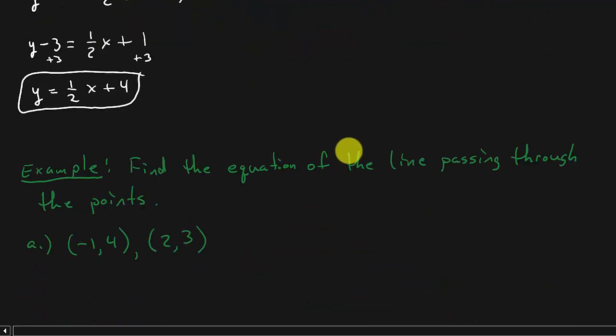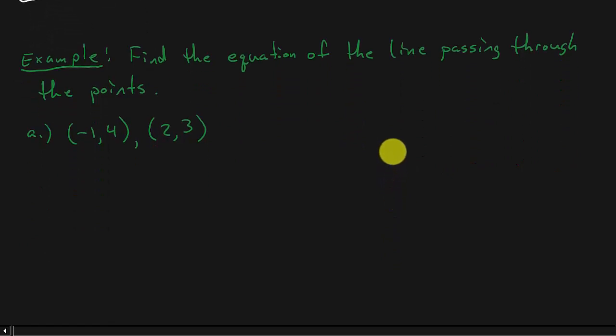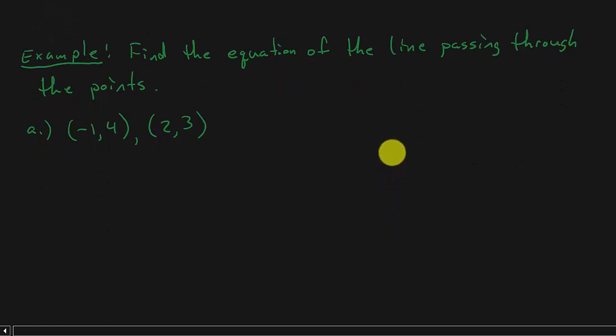All right. Let's take a look at another example. Find the equation of the line. Okay, so remember what we just talked about. Find the equation of a line. First thing you think of, I need the slope and I need a point on the line. All right. So let me ask you, do they give us a point?